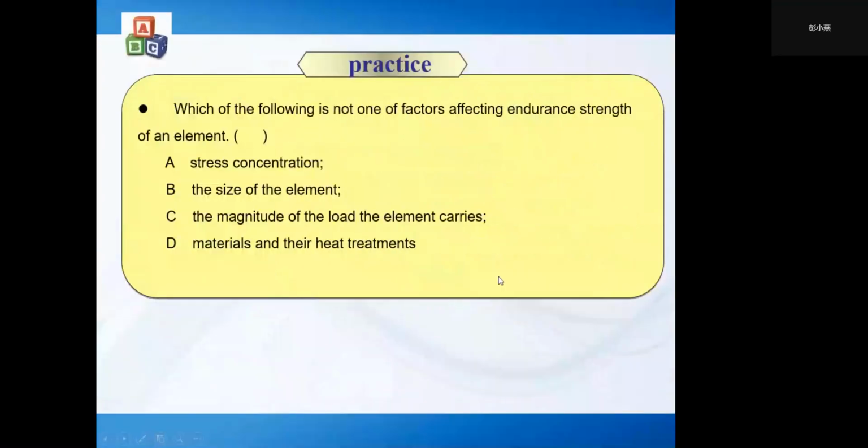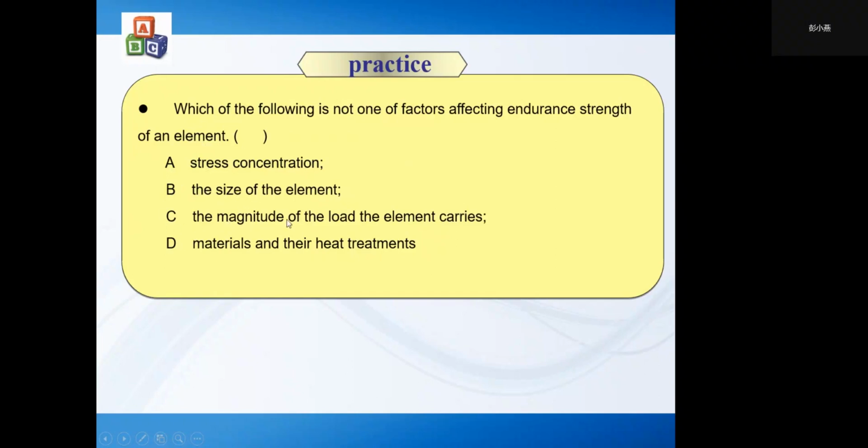So, which of the following is not one of the factors affecting the endurance stress of an element? A. Stress concentration. B. The size of the element.